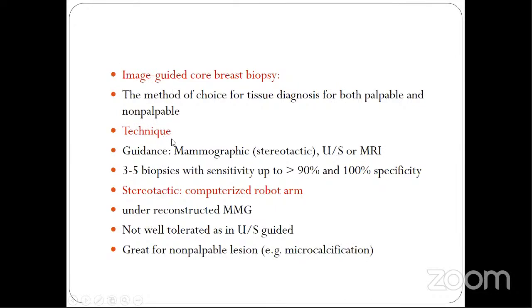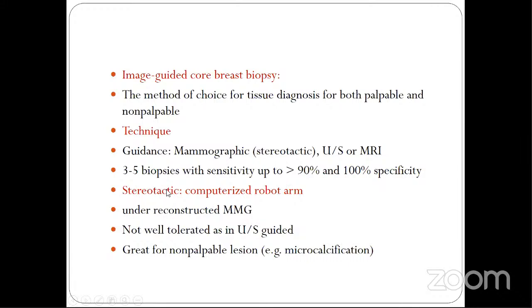What image will you use? You can use mammography stereotactic, we'll see in the next slide, ultrasound, or MRI. How many biopsies will we take? We'll take 3 to 5 biopsies, sensitivity more than 90%.